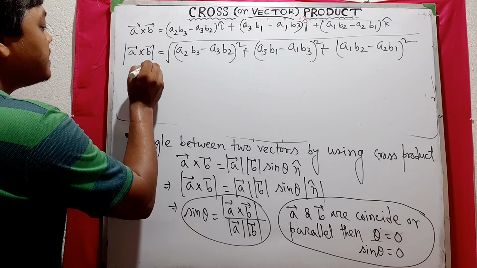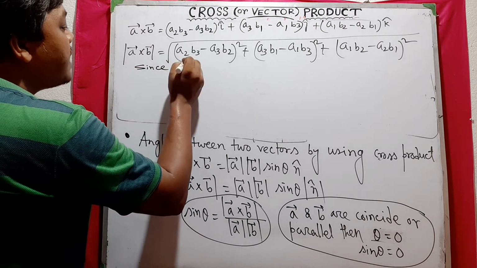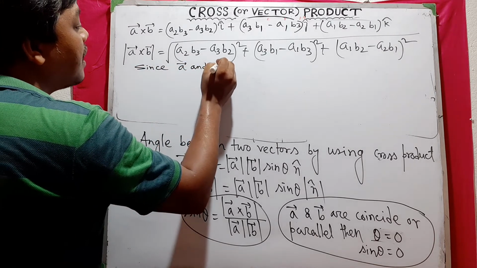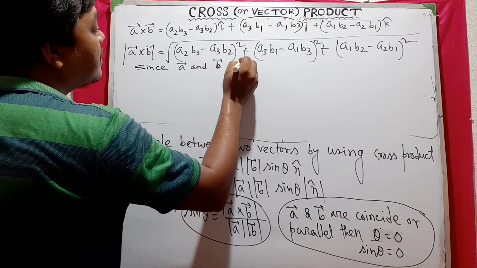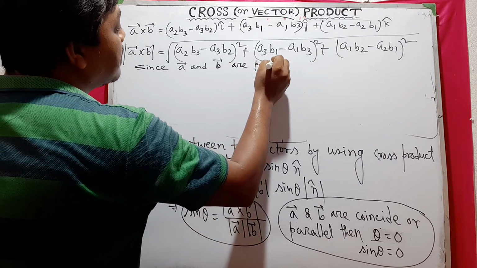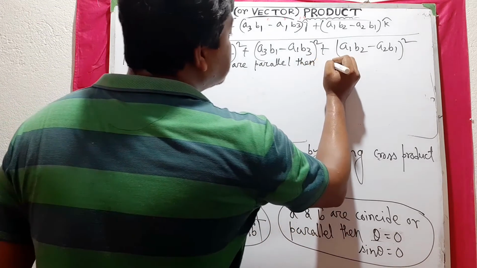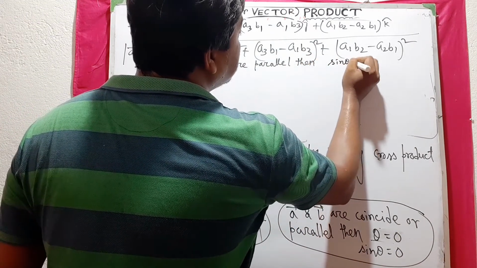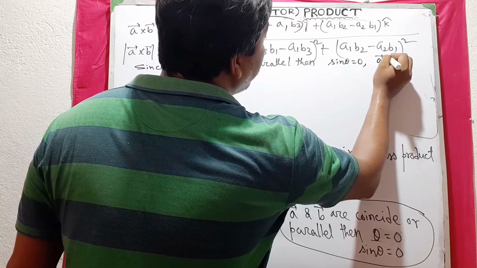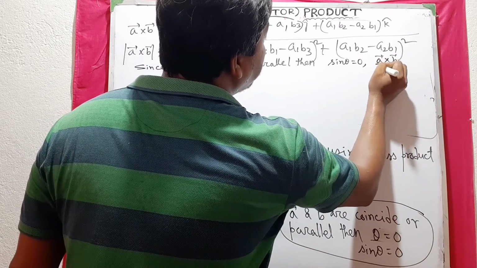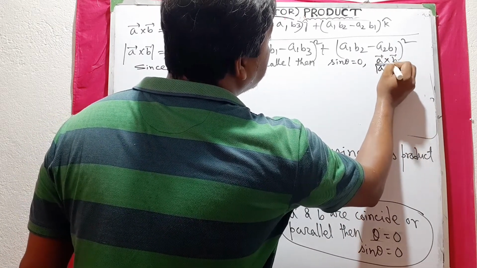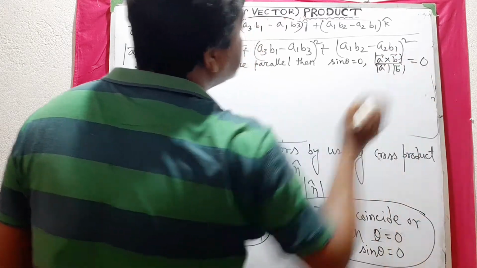Since a and b are parallel, then sin theta equals 0, then a cross b by mod a mod b cross, that equals 0.